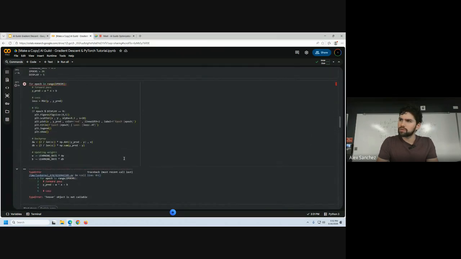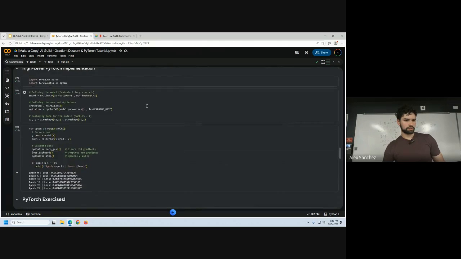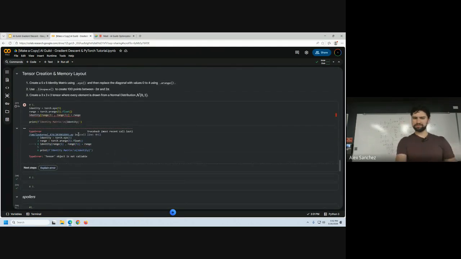If you don't mind me asking, what is an identity tensor? Like, what does that mean? The identity tensor? Yeah, kind of ignore the error for now. I'll figure out where I went wrong. But the identity tensor, you can think about it as a matrix, if you've done discrete math, we start off with matrices. It defines an n by n, let's say in this case 3 by 3 matrix.